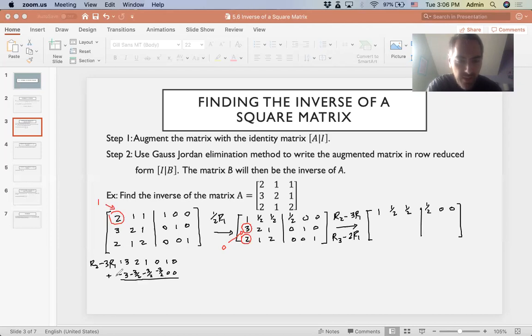We are adding these together. That gives us the 0 in that first entry, which is what we wanted. 2 minus 3/2 is a positive 1/2. You may want to go through that calculation on your own just to convince yourself of that. 1 minus -3/2 is a -1/2, and 0 minus 3/2 is -3/2. And then 1 and 0, that is row 2.